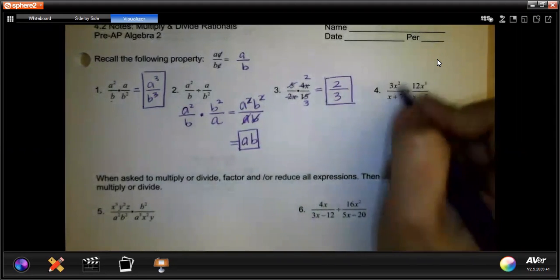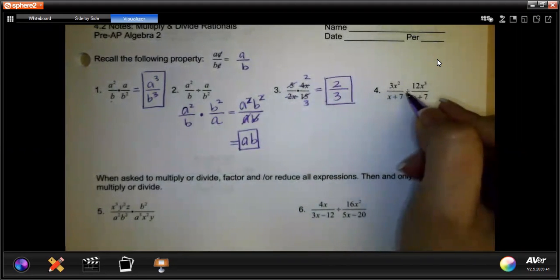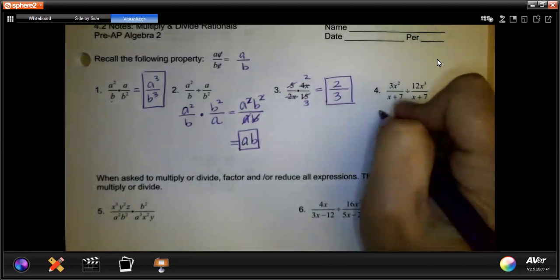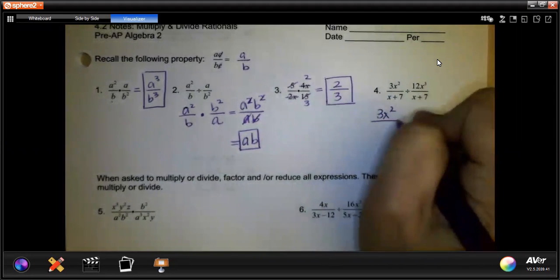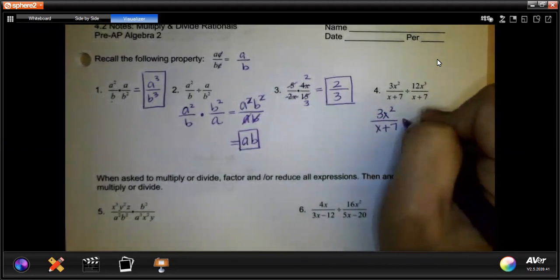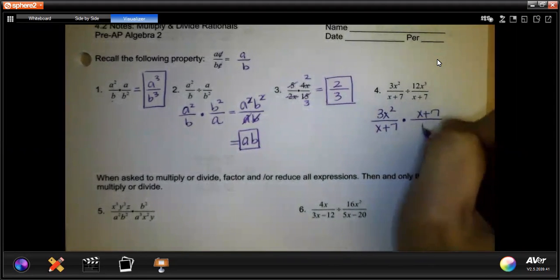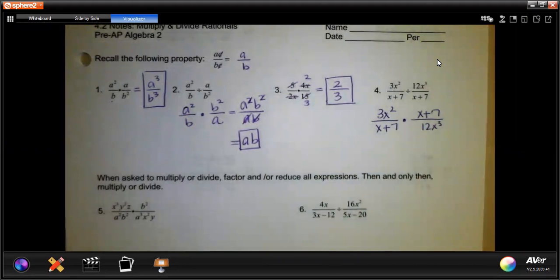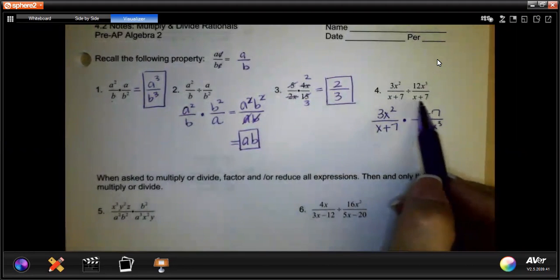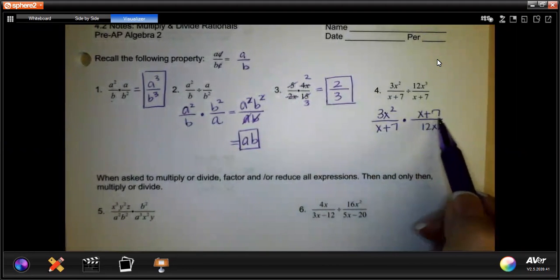All right, the same is true when you have division, but you do have to do the keep, change, flip first. So we would do 3x squared over x plus 7 times x plus 7 over 12x cubed. So I have flipped my second fraction here. You always flip the second one.